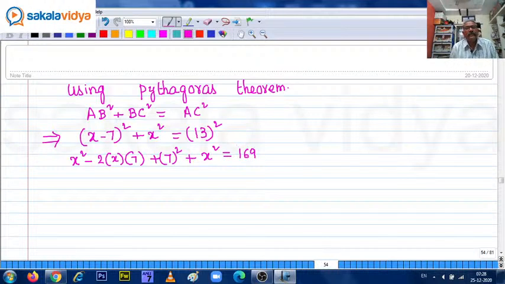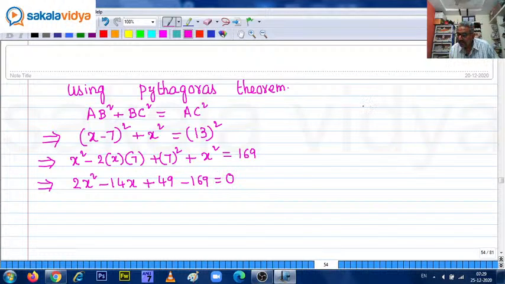Remember, 13 square is 169. So now we can write this as x square plus x square is 2x square minus 14x plus 7 square is 49. Bring 169 this side, minus 169 equals 0.